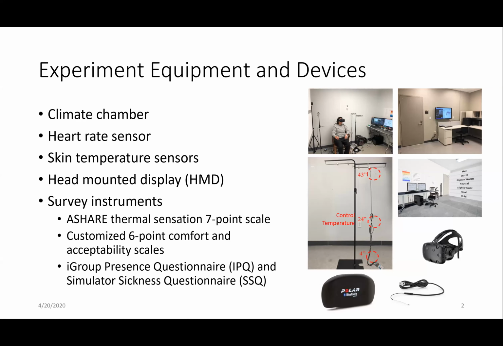We use the HTC Vive to allow the participant to perceive the virtual environment, which in this case is basically the interior of the chamber. We also use survey instruments to collect thermal comfort, thermal sensation, acceptability, as well as other data related to the VR experience, including the IPQ and the SSQ, and so forth.